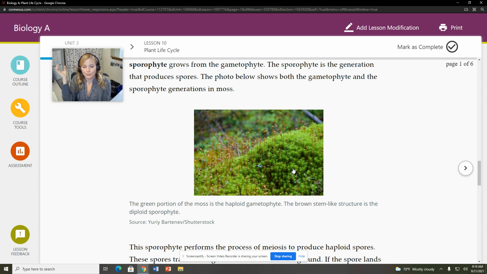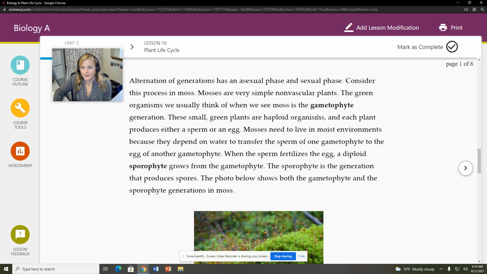So let's just look at the suffix here, phyte, P-H-Y-T-E. This refers to plant. And gameto, the prefix, refers to gametes. So it's the part of the plant that makes gametes, egg and sperm.